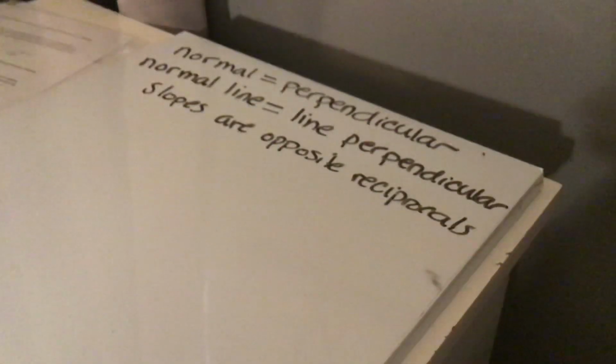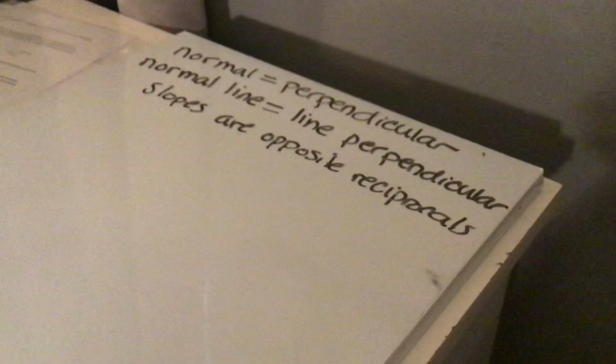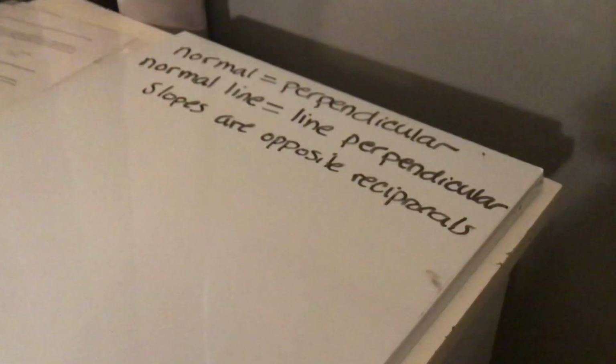So if you're asked to write the equation of a normal line, first take the curve and find the slope of the curve, or the slope of the tangent line. So you take the derivative, find the slope, then the normal line is going to have an opposite reciprocal of that. Then you find the point of intersection between the line and the curve, and you do that by using your x value.